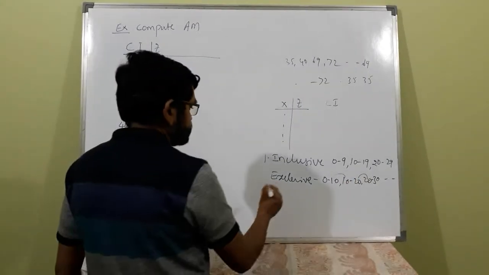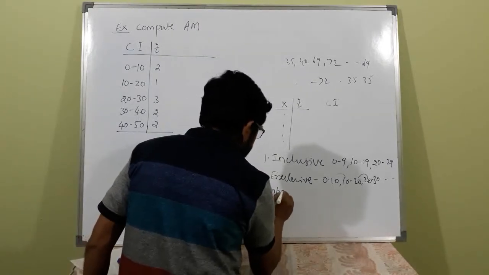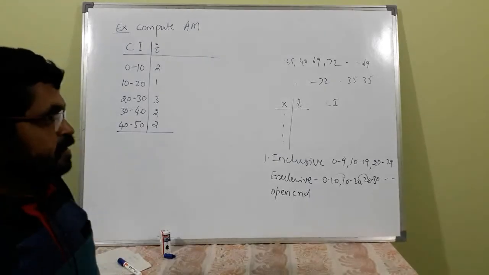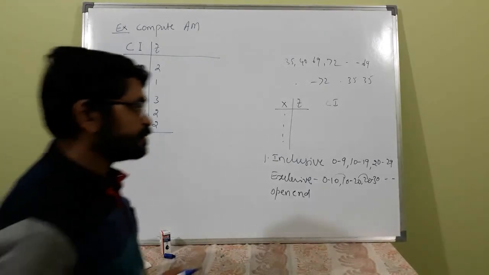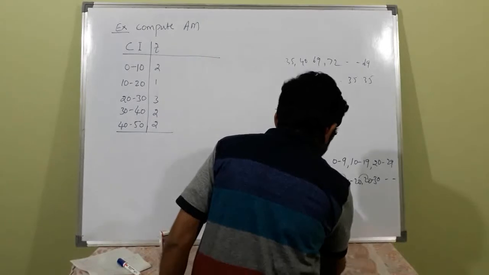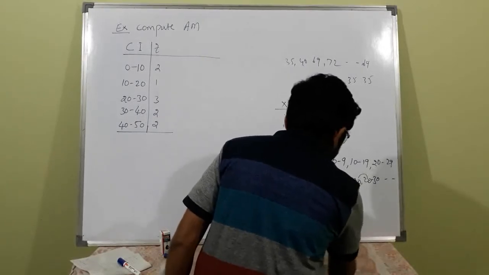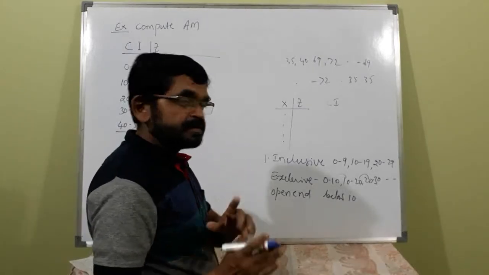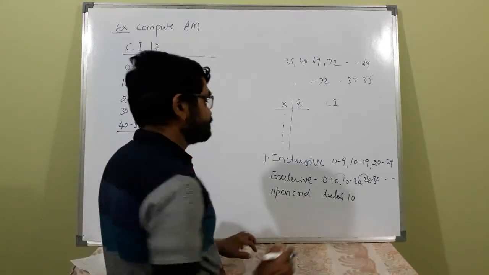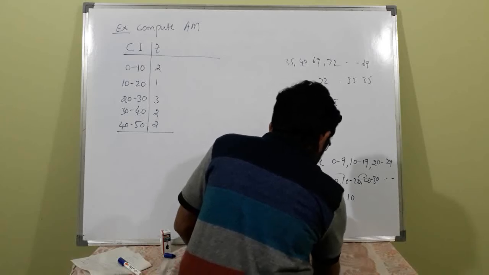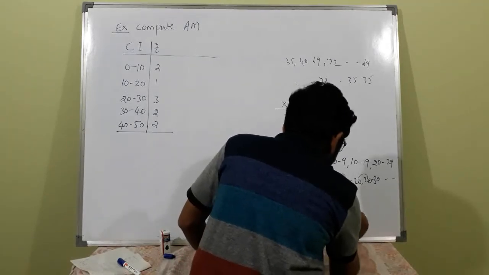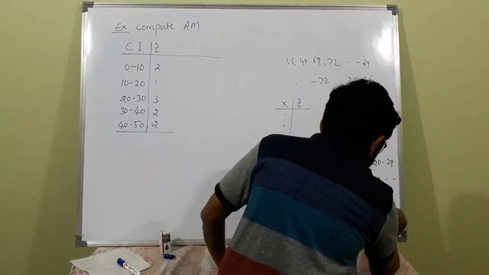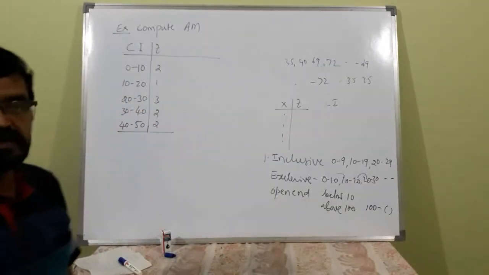Another class is the open end class interval. Here either the upper limit or the lower limit is kept open. Say below 10. Below 10 means 10 is the upper limit and the lower limit is kept open, or above 100. That means 100 to dash, that is kept open.